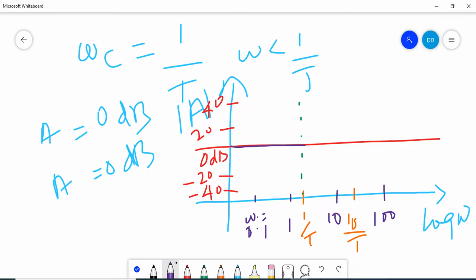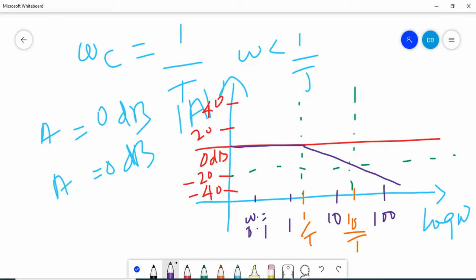After that, it is a slope of minus 20 dB per decade. So to minus 20, I'll draw a line, and to 10 by t, which we have considered, I'll draw a line. Now with the slope of minus 20, I'm going to cross.